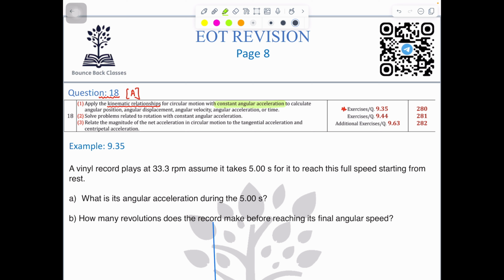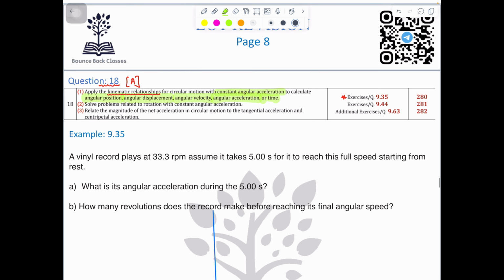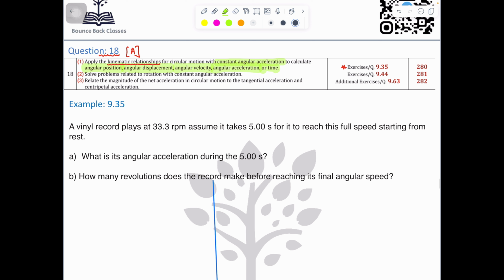If you want to apply the kinematic relationship, there is a basic condition that the angular acceleration should be constant, to calculate angular position, angular displacement, angular velocity and angular acceleration over time. These are all just connected, and once you understand the relation, you can solve all the things.